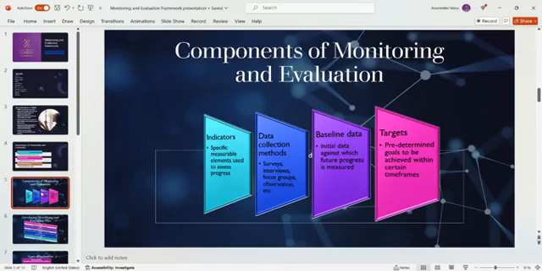Let's look at this. Your target is to get the 90% matric pass rate, as I've said. So your indicators, you could have many indicators. You could say, how many students have passed matric in 2024.